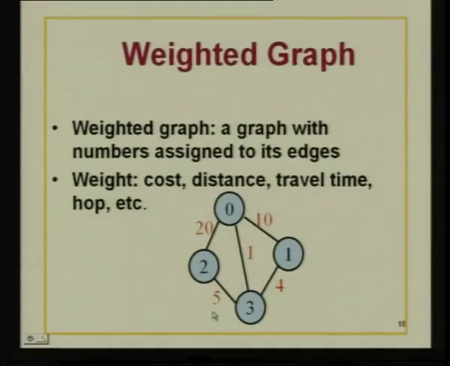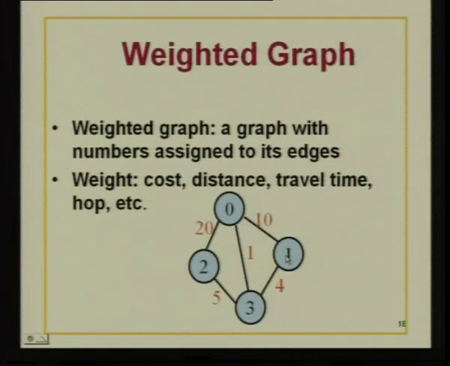So a graph algorithm or a graph representation is very important in many applications of electrical engineering, computer science engineering, electronics engineering, and even mechanical. Okay. So now this is an example of a weighted graph. Here we have taken a weighted graph that is undirected. Okay. So 0 to 2 it is 20, 0 to 1 the weight, this could be the cost to travel from 0 to 1, it could be the distance to travel from 0 to 1.